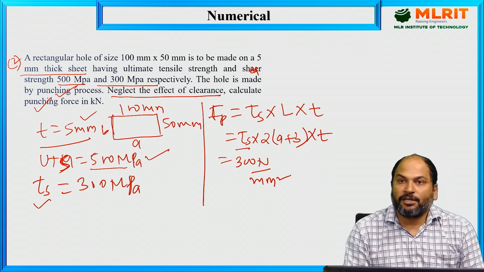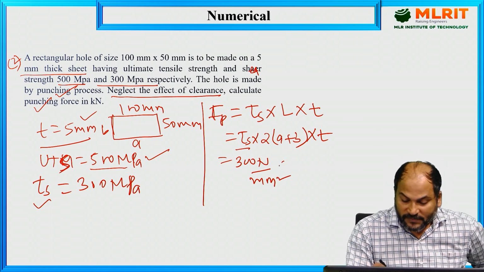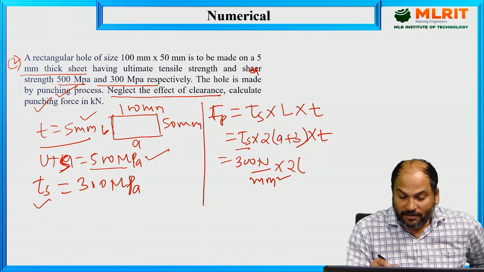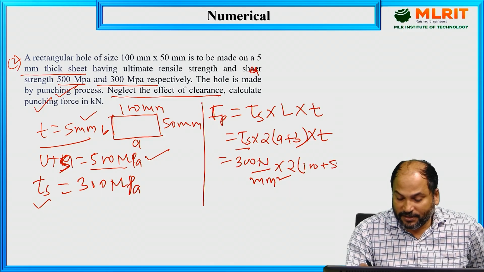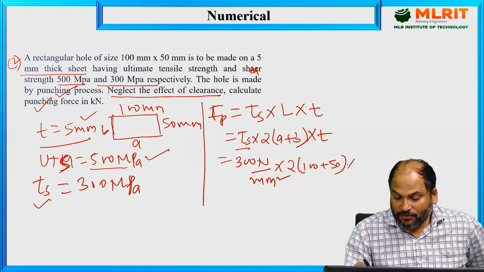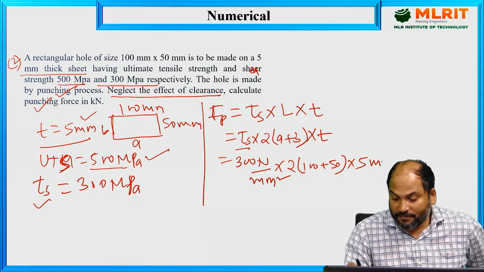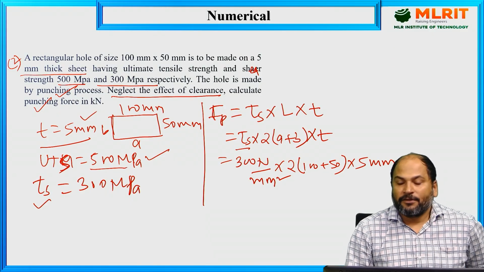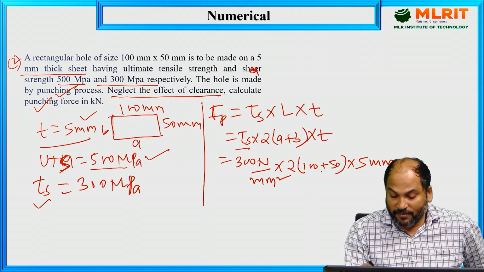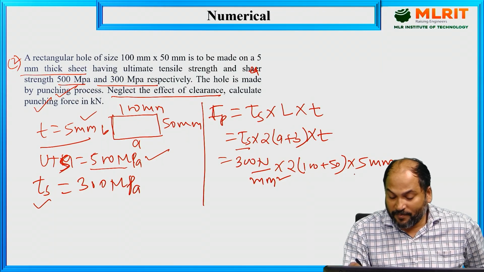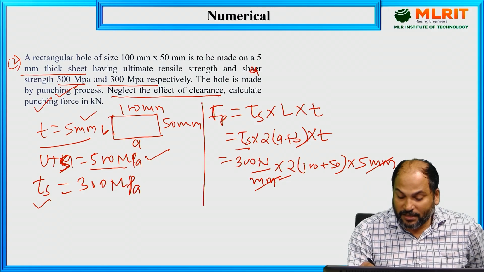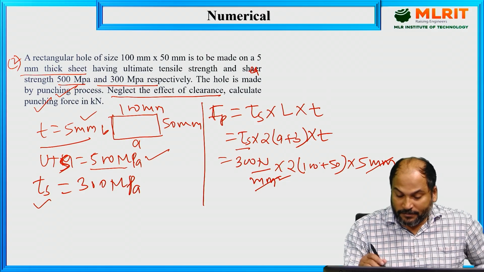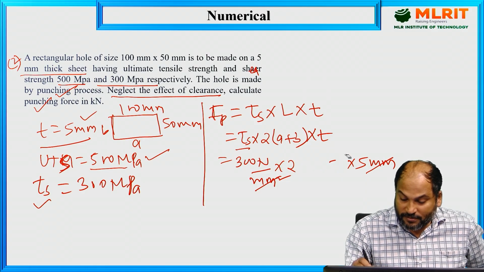megapascal is nothing but Newton per mm square, into 2 times (A plus B), so it is 100 plus 50, into thickness 5 mm. Okay. So this is mm and this is mm. The mm will be cancelled out, and the mm square as well.